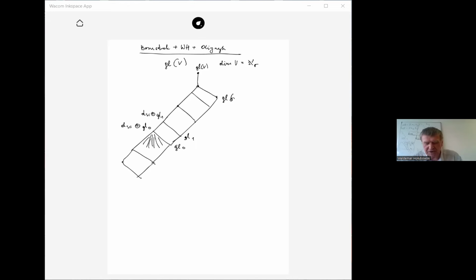Not in general cases, we also have ideals which are one-dimensional over SL0. And here we have scalar matrices plus SL0, scalar matrices, and here we have the ideal 0.